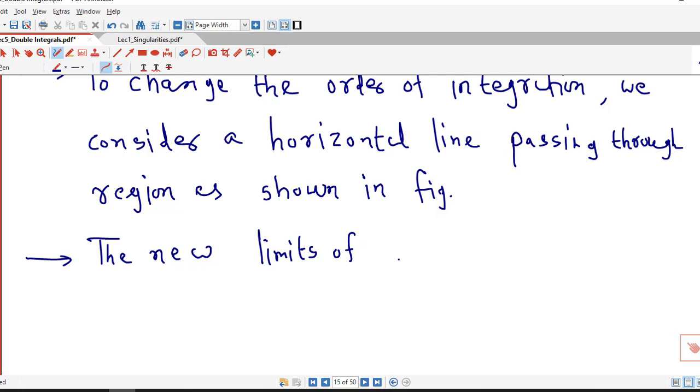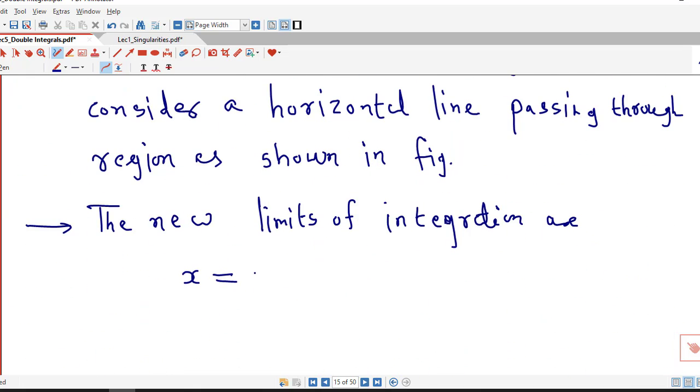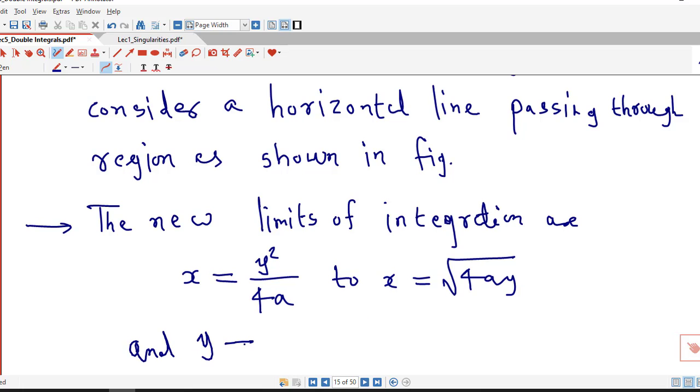The new limits of integration are: limits of x are from y square by 4a to square root of 4ay, and y is from 0 to y equal to 4a.